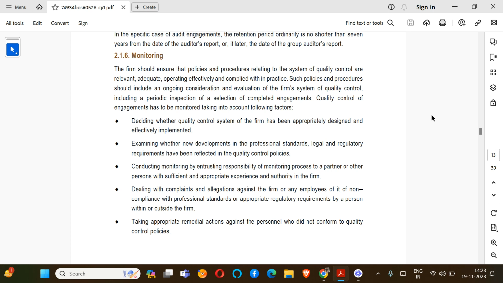Then we have to see whether the professional standards, whether the legal standards, whether anything basically they require any new developments, कुछ नया हमें mention करने की या फिर कुछ नया हमें बताने की ज़रूरत है या नहीं. So for example, this new concept came of audit trail, which basically meant that it is something that the companies need to maintain.